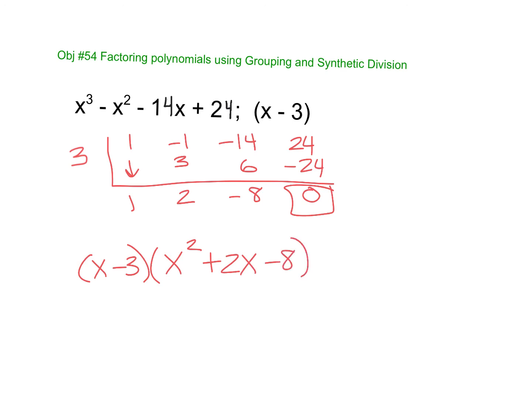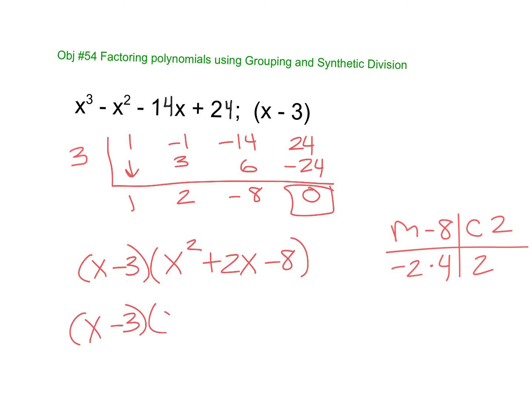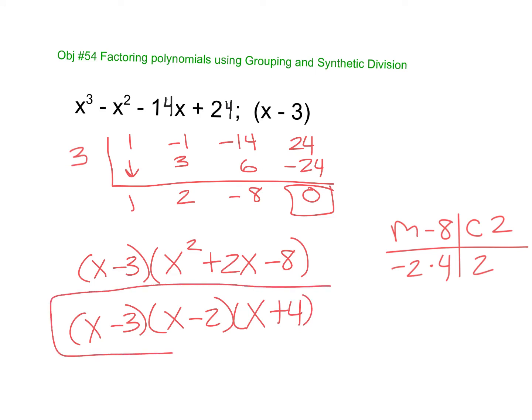And now last step: is x squared plus 2x minus 8 factorable? It's an MC chart. Does anything multiply to negative 8 and combine to 2? Well, yeah, 2 and 4. Right? The 2 is negative. So our answer is x minus 3, and then I have my x minus 2 times x plus 4. And that trinomial, or polynomial, is factored.